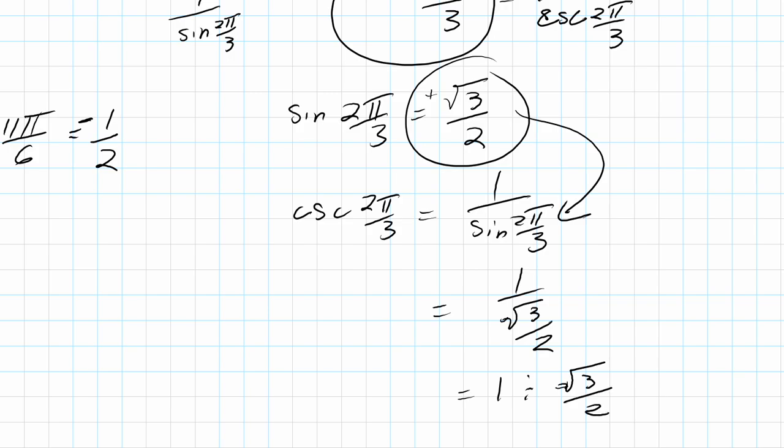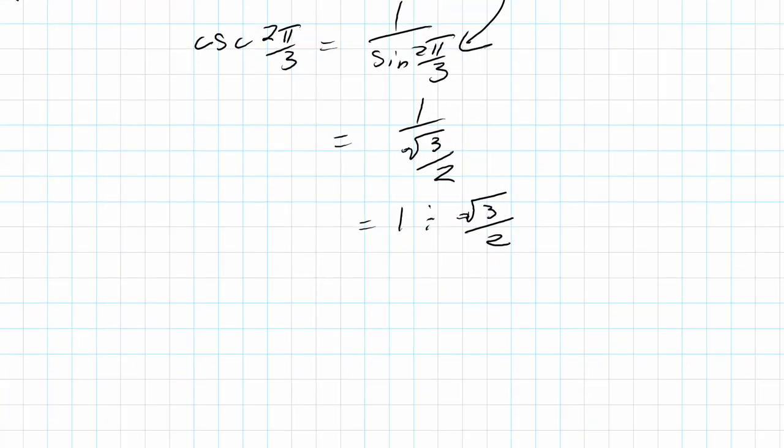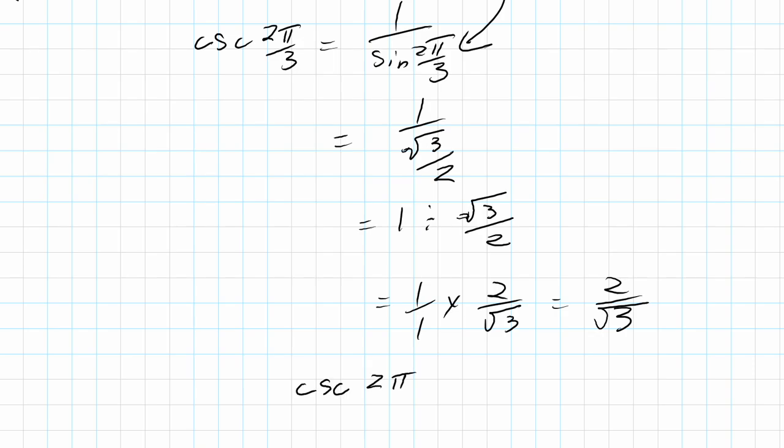You can use a calculator for this part. I think most modern calculators will solve this. I'll quickly show you. It becomes a multiplication of the inverse, and you get 2 over 3. So it turns out that, oops, don't forget that root. Cosecant 2 pi over 3 is equal to 2 over root 3 in the end.